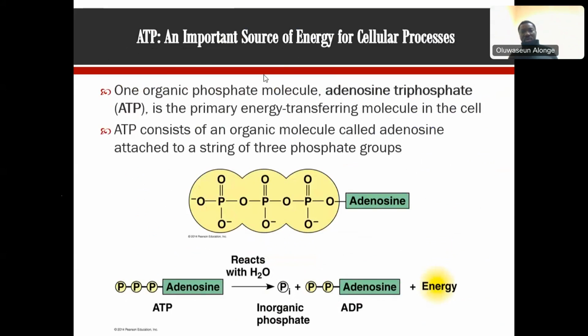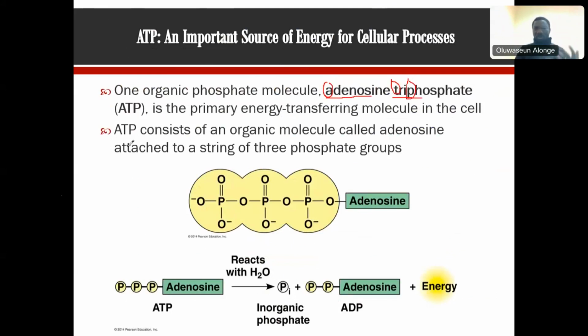So when you look at your ATP, which is what we call adenosine triphosphate, the guy that gives you energy. Adenosine triphosphate means it has adenine in it. It has 3 phosphates, which is where you got the name ATP.